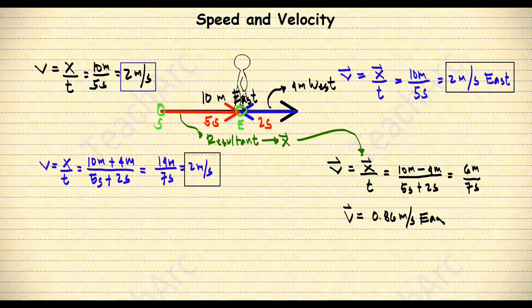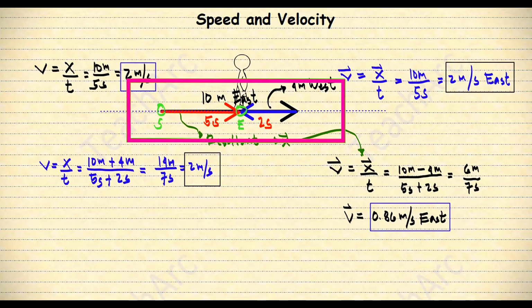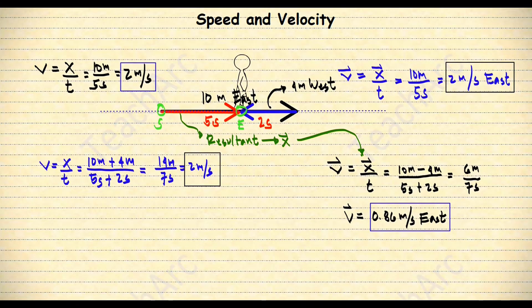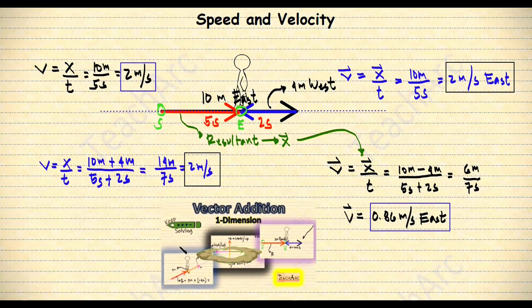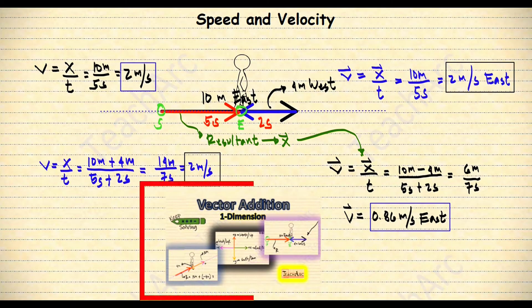Again, I am assuming that you know how to find the resultant vector. In this case, the motion of the boy is considered one-dimensional because all vectors lie on a straight line. Now, if you need to review how to add vectors in one dimension, watch this video, which is also available in the description below.